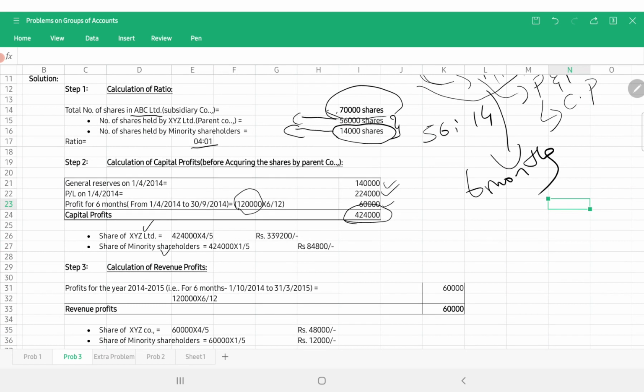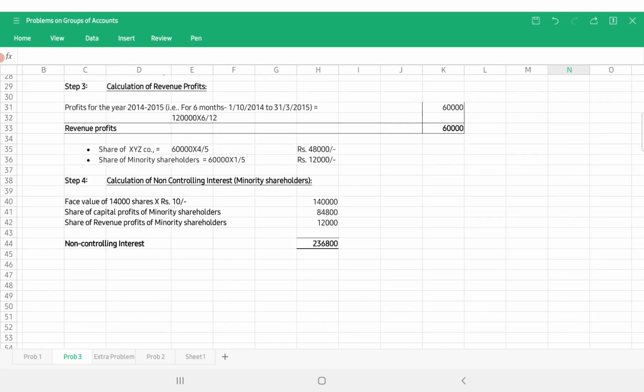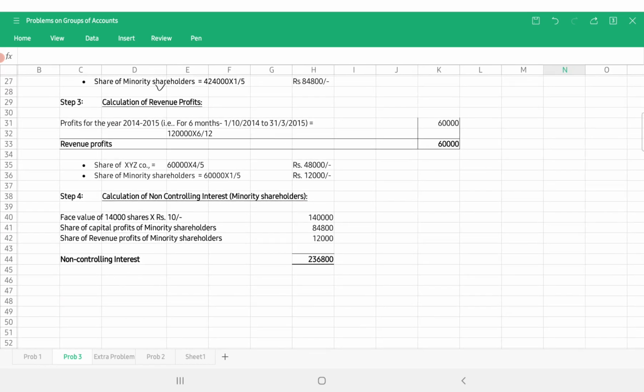Now moving on to the third step, which is revenue profit. What is revenue profit? As I told clearly, revenue profit is nothing but the profit after the acquisition date. What is the acquisition date? Again I'm writing here: the acquisition date was 1/10/2014. After the acquisition date, whatever revenue profit is there will be taken for calculating the revenue profit.